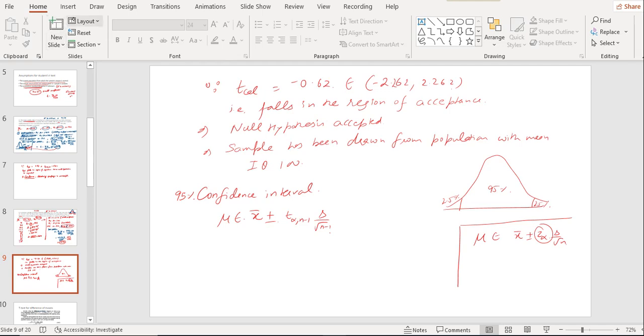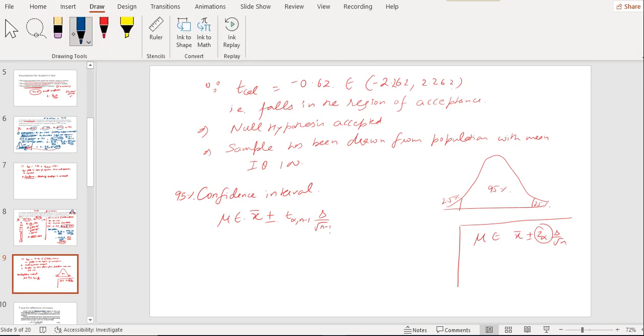So here x bar is 97.2 plus minus 2.262 multiplied by 13.54 divided by 3, square root of 9, because n minus 1 is 9, square root of n minus 1 is square root of 9, that is 3 only.